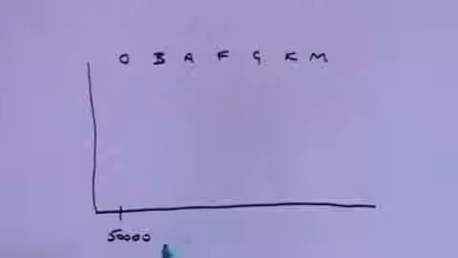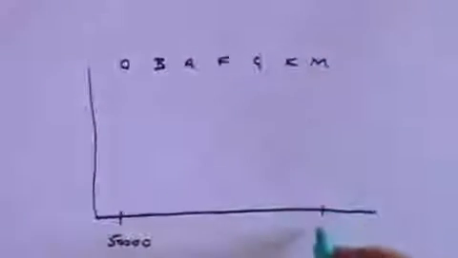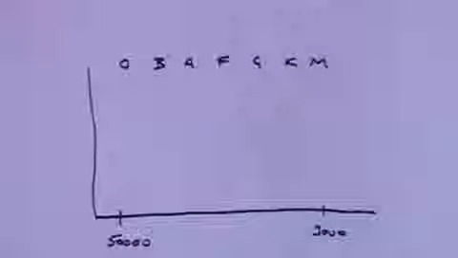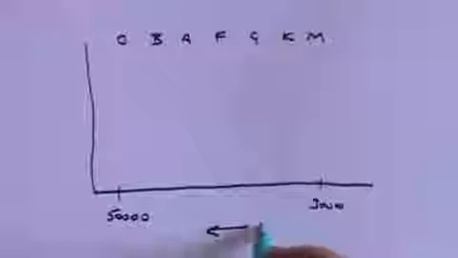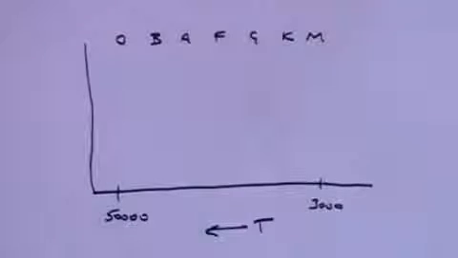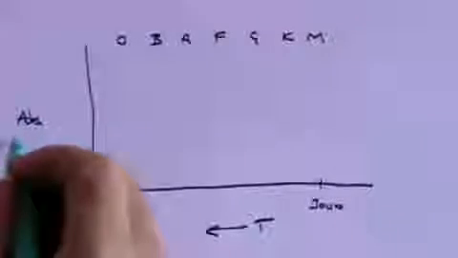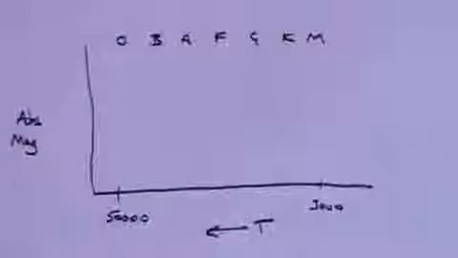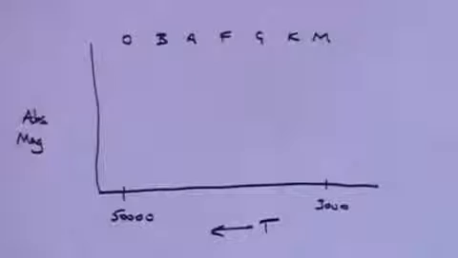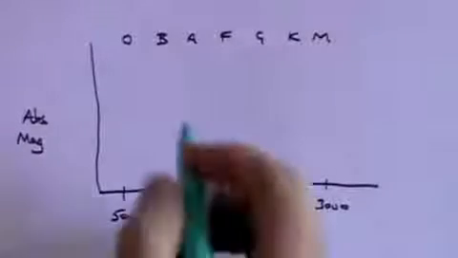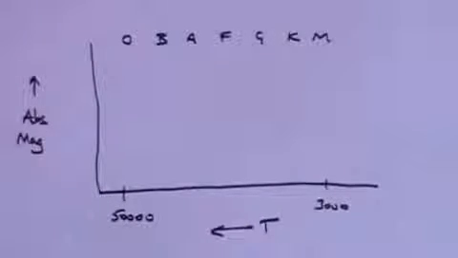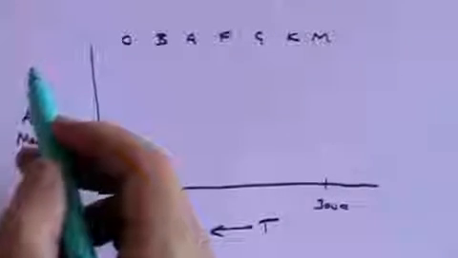So this is now measuring temperatures from 50,000 degrees K to 3,000 degrees K. It's important to notice that the temperature scale moves upwards in that direction on this graph, and is plotted against the absolute magnitude of the star that you have to calculate. The absolute magnitude in this case goes upwards, so it's brighter as you go up the scale.